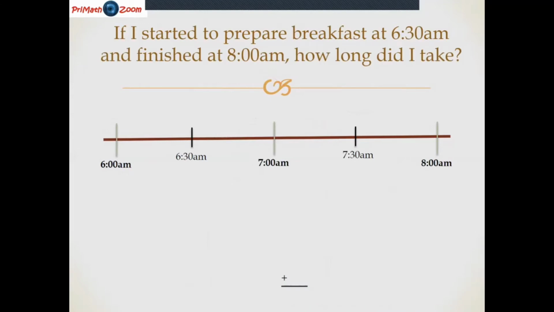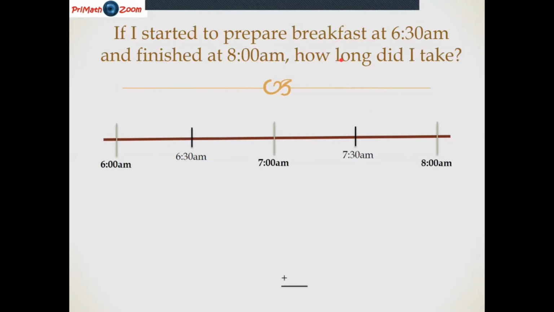Let's connect it to another real life situation. If I started to prepare breakfast at 6:30 a.m. and finished at 8 a.m., how long did I take? Well, if you look at the beginning time, it's half past the hour, but the end time is still on the hour.